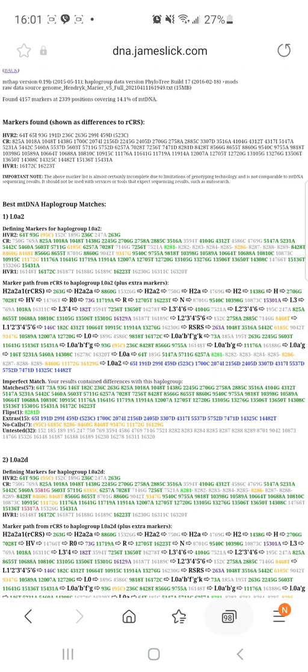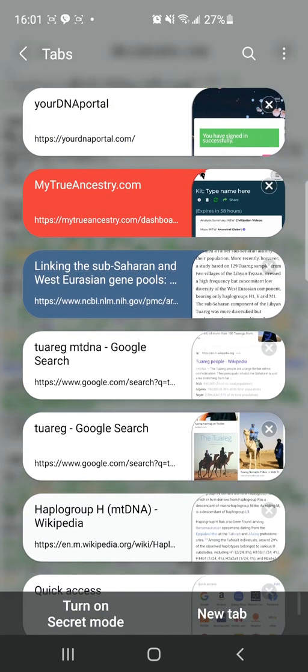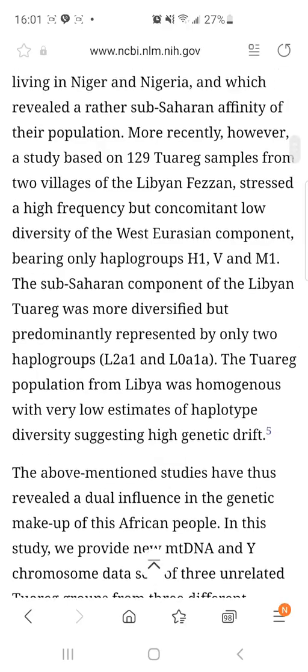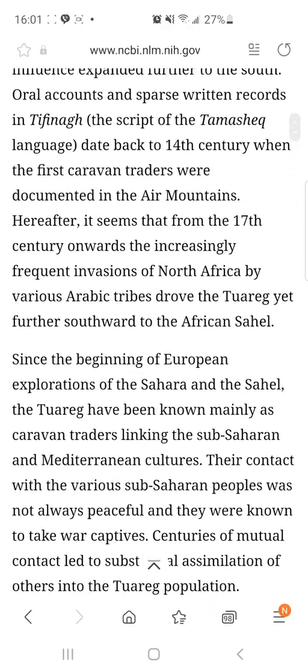So I was very curious about what the H mtDNA is, because nobody really talks about this mtDNA. First of all, I had to read a little bit.